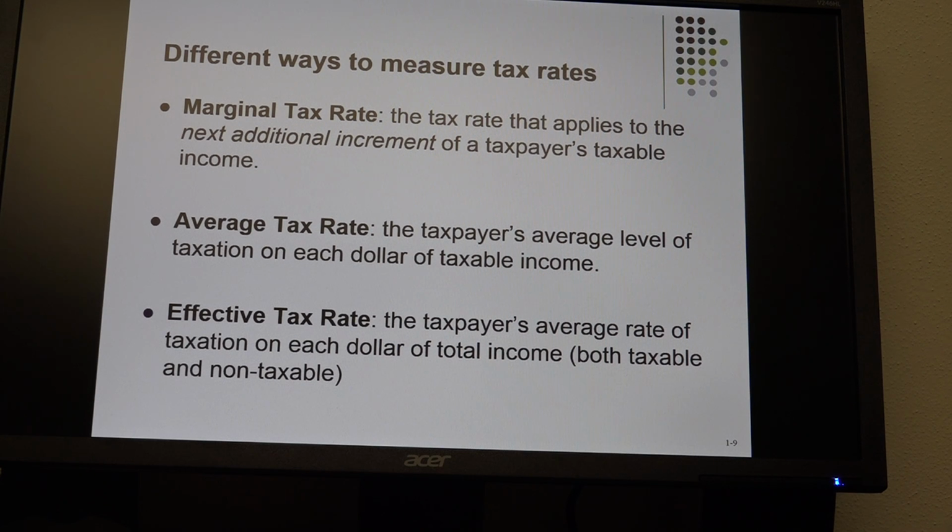You have to consider all income, both taxable and non-taxable. So what's an example of a non-taxable item of income? Interest on municipal bonds is non-taxable, but it's income to the taxpayer or the person who holds the bond.